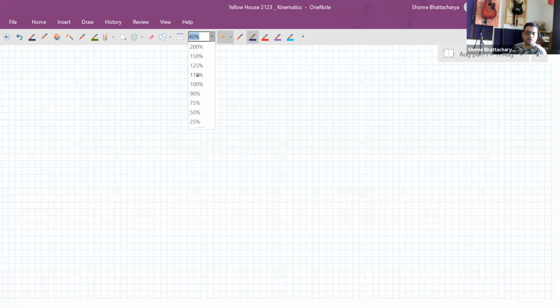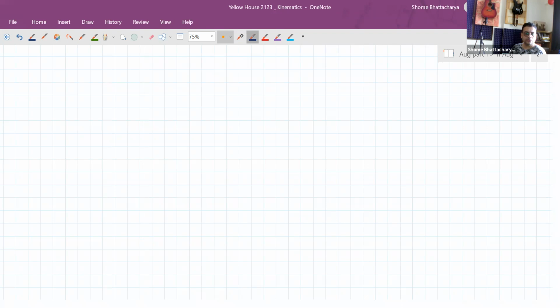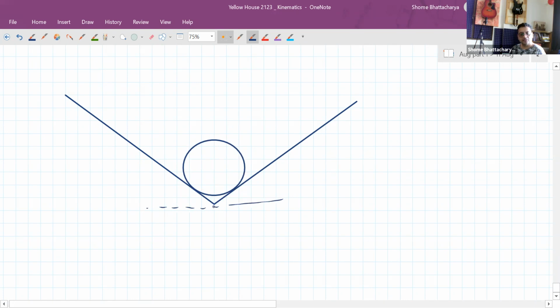Okay. Now I just need 2 minutes of your time to understand what all things you can do in Newton's laws. So for example, if I give you a situation like this, that we have, let's say, a cylindrical object which is between two inclined planes at rest.